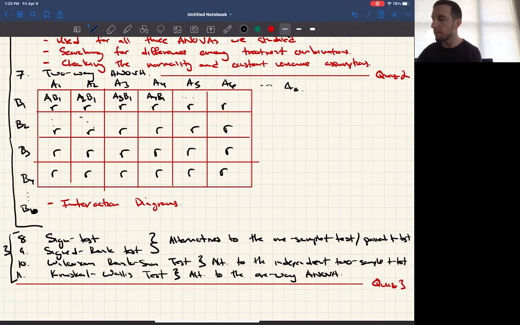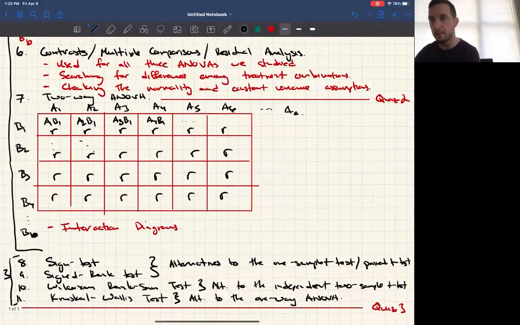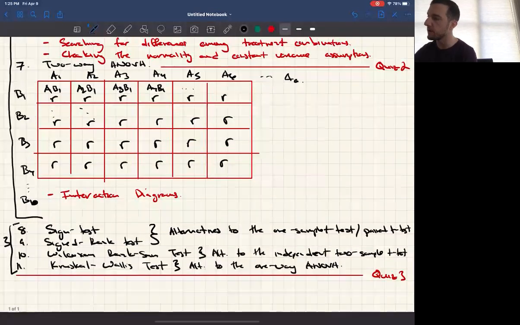Okay, so this is all of the material that you've actually been tested on so far in the course. That only leaves us with 2 other sections of lecture material that have not been evaluated.